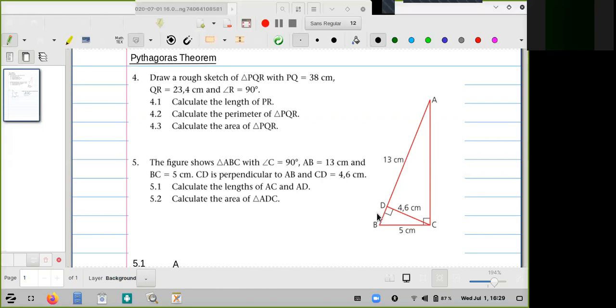Now, if we are to make use of triangle ABC, will we be able to find AC? Check. We are told AB is 13. One side is in, the hypotenuse, that's the longest side. BC is also known. So we are given two sides, so we can easily calculate AC.